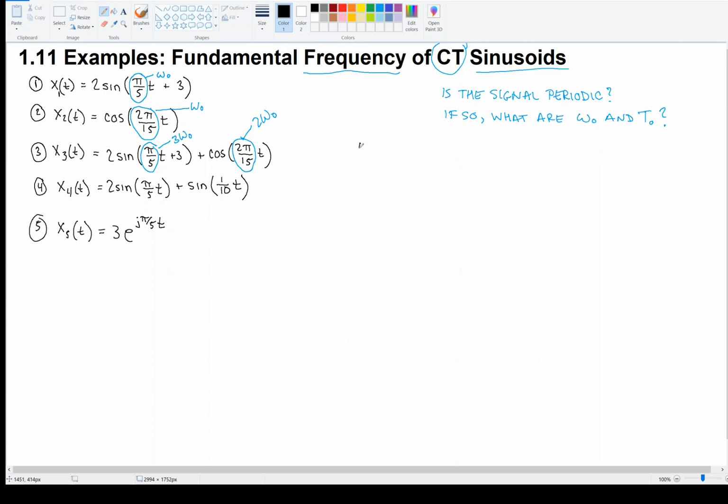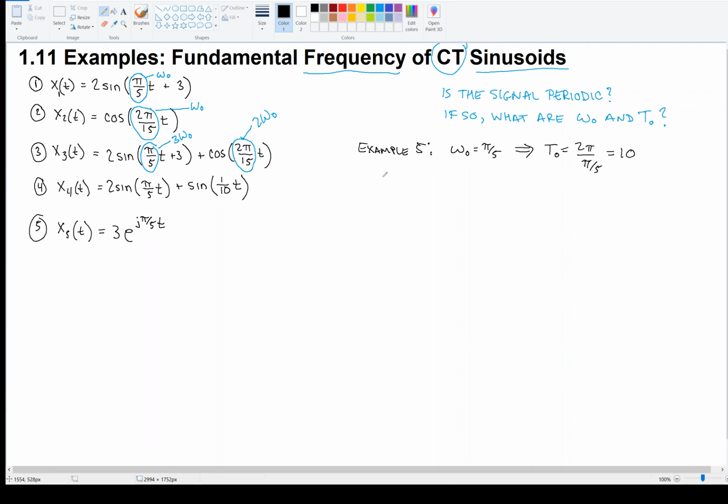Is that periodic? Yes. We've already talked about a signal that's in that form. What is its frequency? Pi over 5. What is its period? 2 pi over pi over 5, or 10.